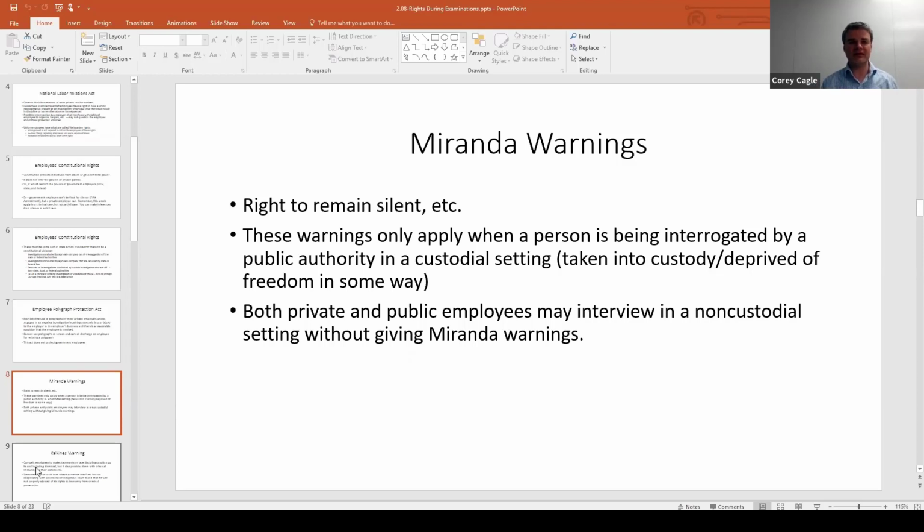Only if they're taken into custody, deprived of freedom in some way. And we make the note that a private or public employer may interview in a non-custodial setting without giving Miranda warnings. So only if they're being barred from escape or getting out, something like that.